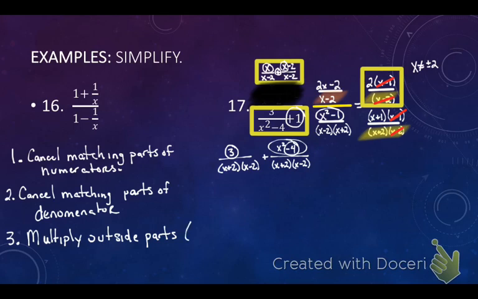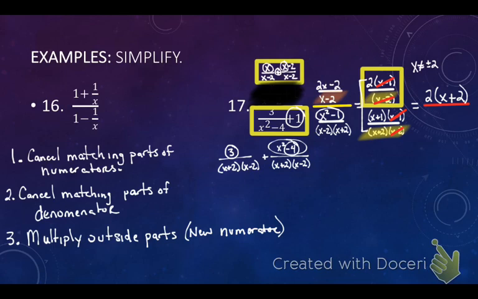Your outside parts are your new numerator. And whenever I say outside parts, basically everything that's left, so the 2 and the x plus 2. Okay, so if it's my new numerator, I'm going to have 2 times x plus 2 on the top side. If we multiplied the outside parts, what do you think the last step's going to be?